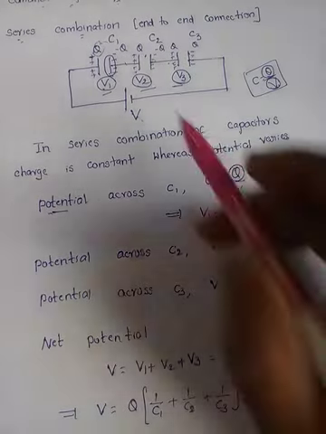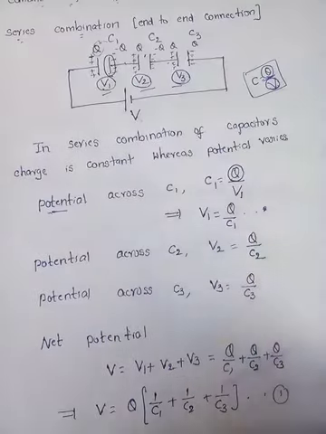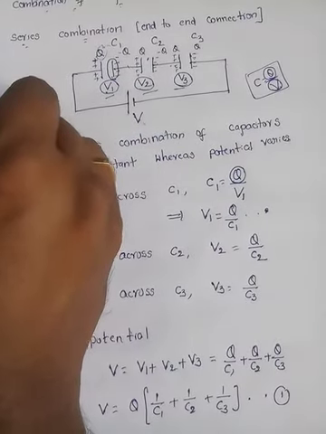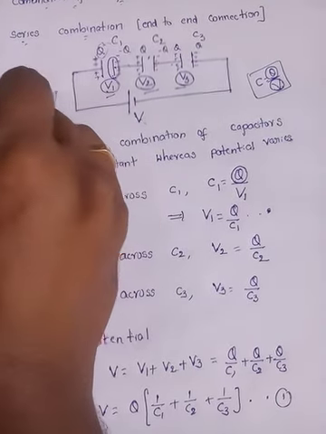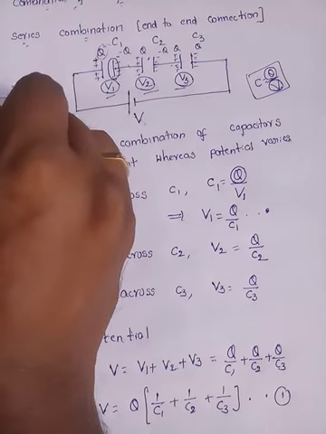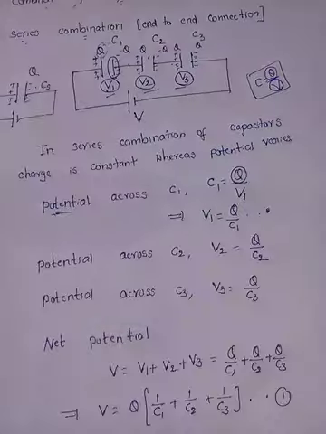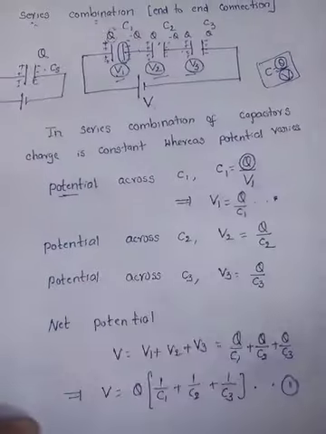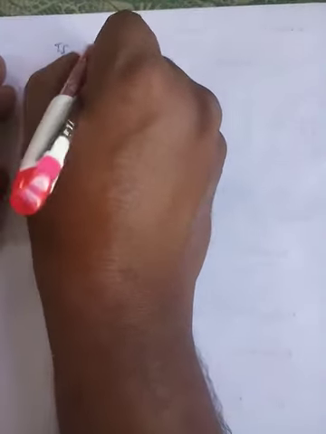If you combine these three, we get one effective capacitance. So finally it becomes an effective capacitor connected to a battery. Since it is a series combination, the charge is Q and the capacitance is CS. CS means series capacitance.